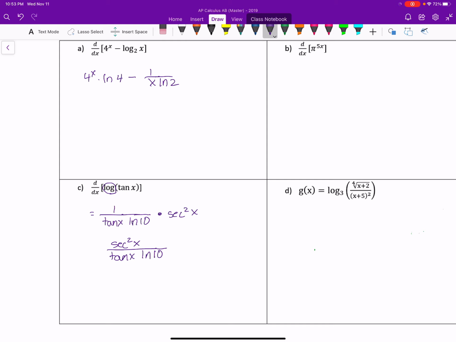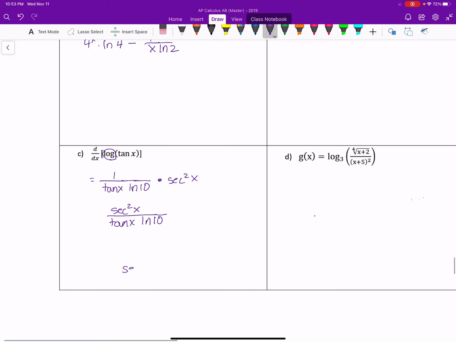And I will bet you anything that most often you will be asked to simplify that if that's possible. If you look at secant squared of x over tangent of x, just that part of it, secant squared is 1 over cosine squared x. And tangent is sine of x over cosine of x. So that's going to give me 1 over cosine squared x times cosine of x over sine x.